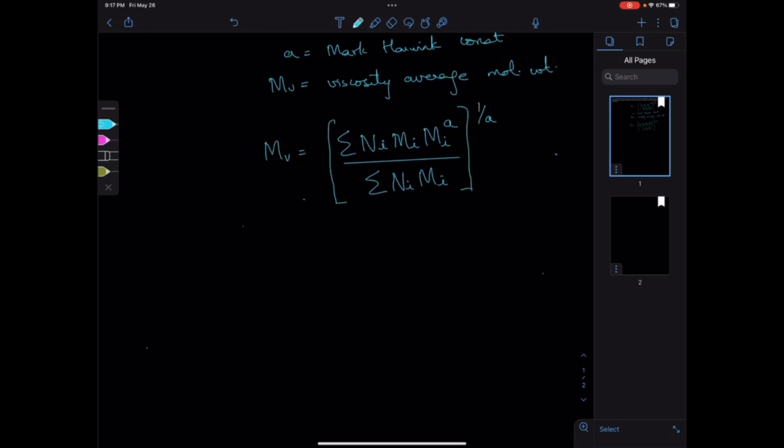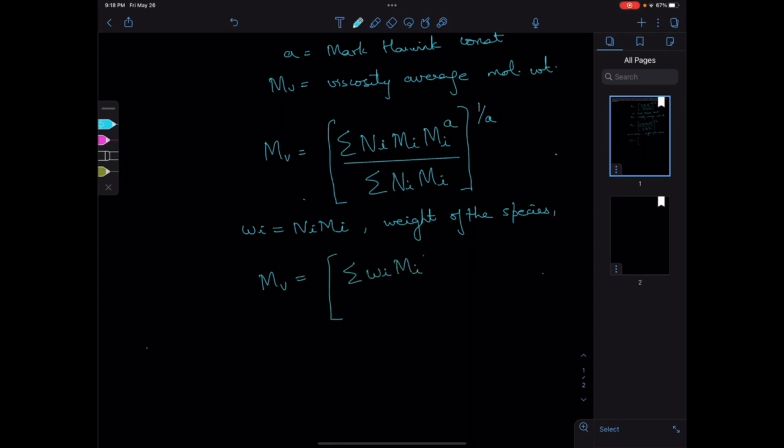If Wi equals Ni times Mi, the weight of the species, then Mv equals sigma Wi Mi to the power a over sigma Wi, the whole to 1 over a.